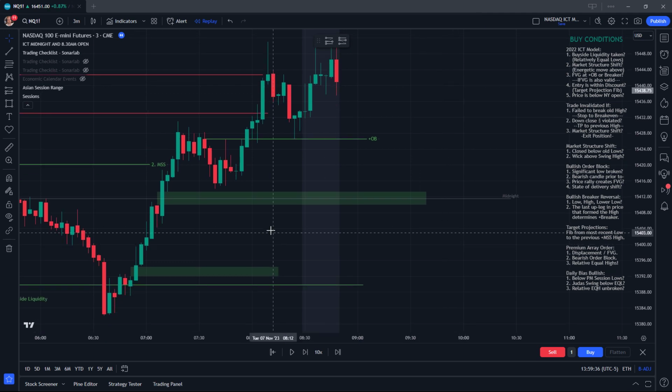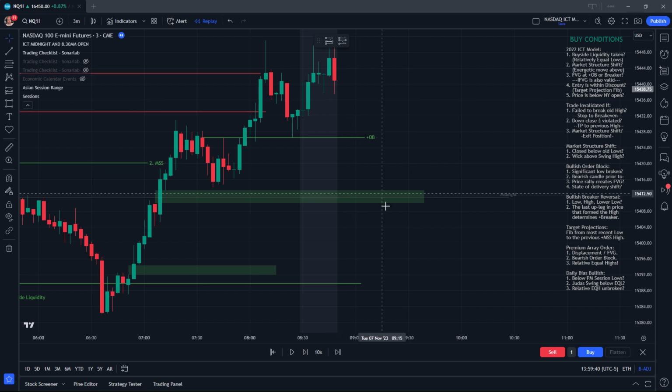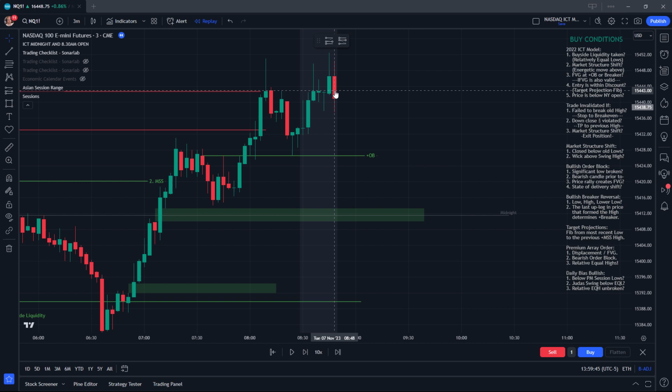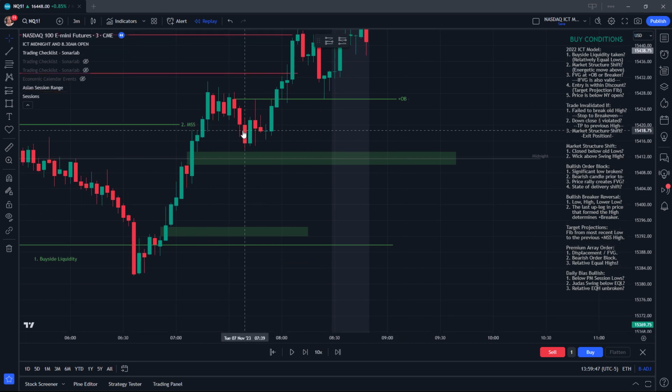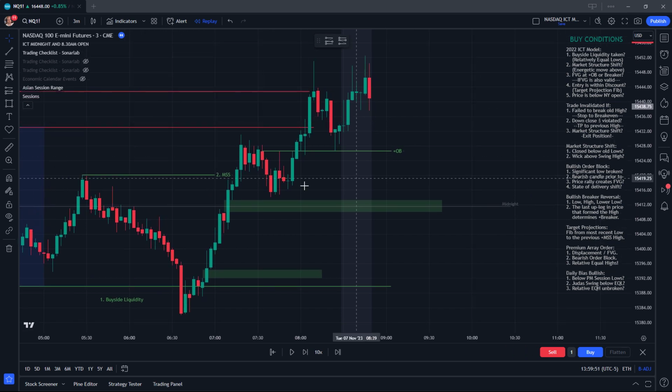Because I think at this point, in order for this fifth condition, price below the New York open, to be met, price would have to come all the way down here and kind of break structure to the downside, which would be this type of stuff we'd be looking at to invalidate the trade.